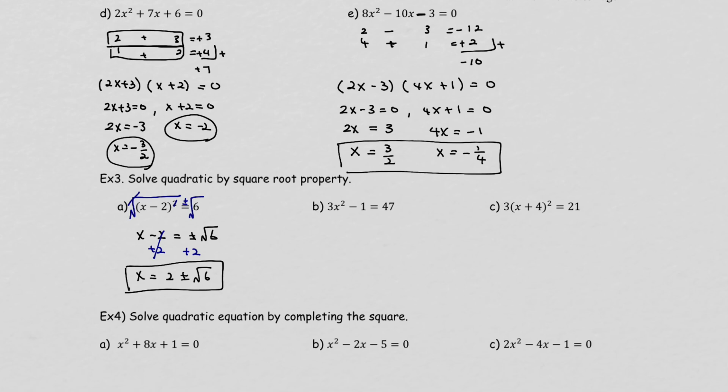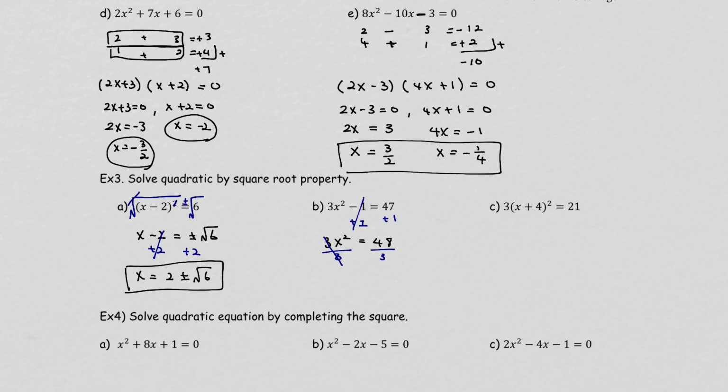So let's start by adding 1. Then you end up getting 3x squared equals 48. And then you're going to divide by 3 to isolate x squared.